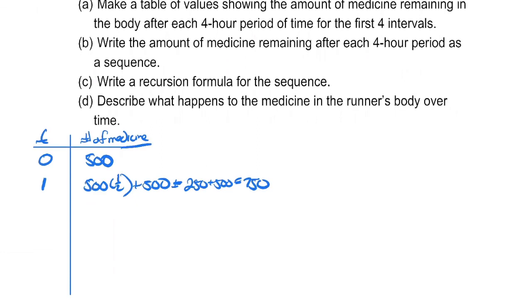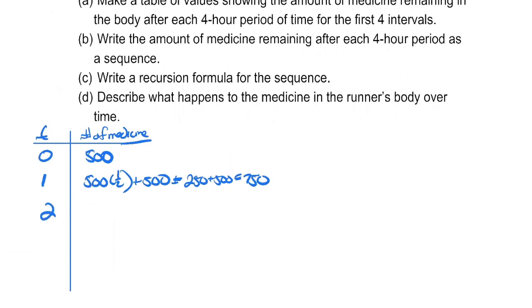So we just continue with this pattern. The next time she takes the medicine, after the second 4-hour interval, is going to be 750, in other words the previous time times a half plus 500. So in this case, that's 875. Let's look at the third one.